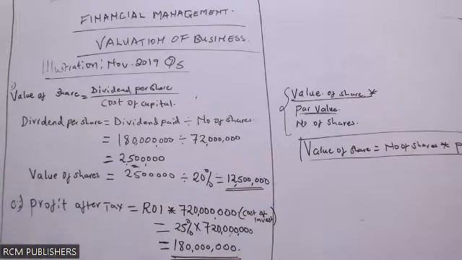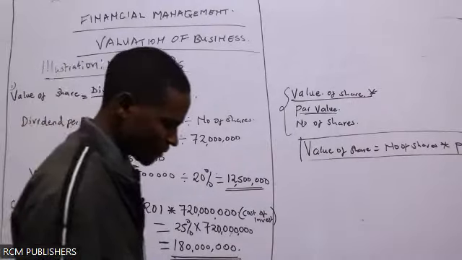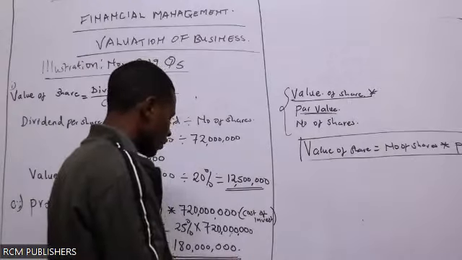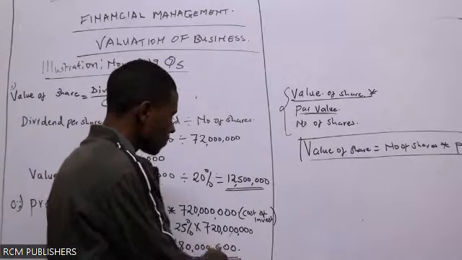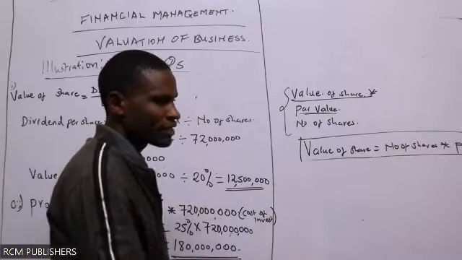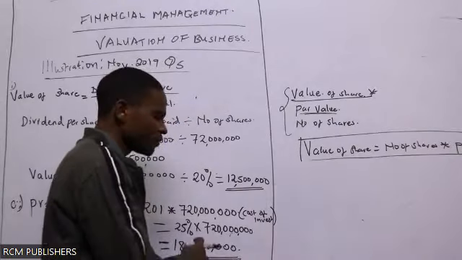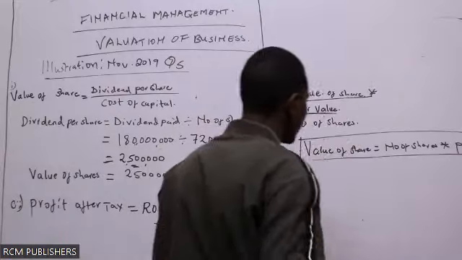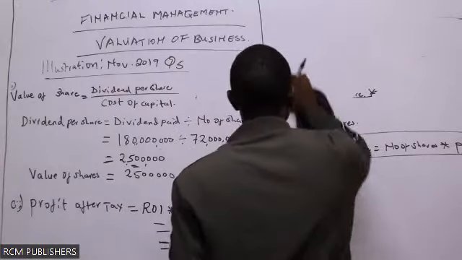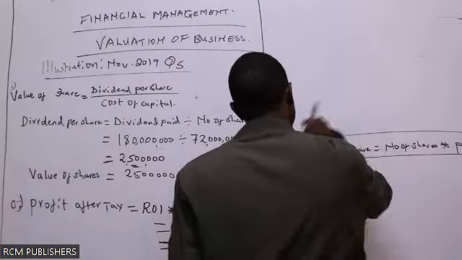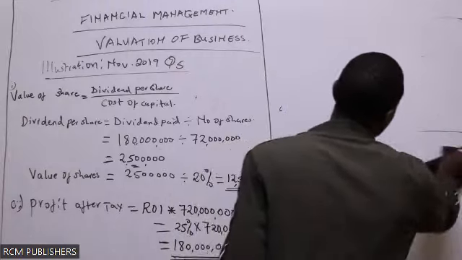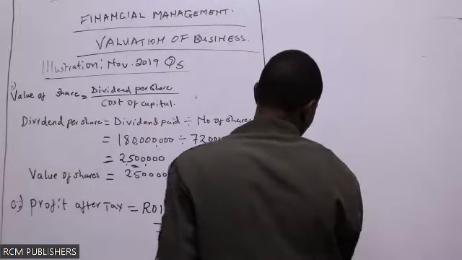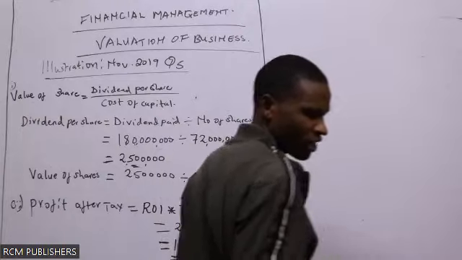Now, I want somebody to remind us how can we bring this to the present value? Remember, these are future values. They are projecting. How can we bring it to the present? The concept of the time value of money.